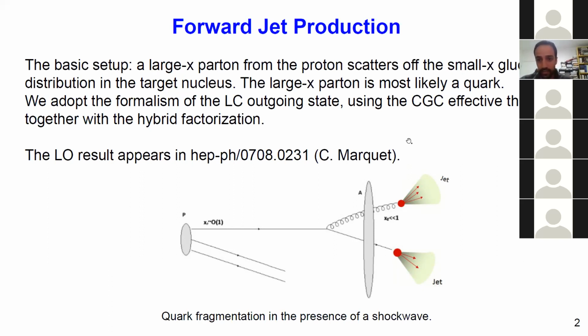In general, they cannot be neglected, but it's a good start. We cannot do everything from the beginning. Yes, of course. It's a lot of effort, but it's good to keep in mind that this is not everything. In general, we have to add together also the other channel, the gluon channel. Okay, very good.